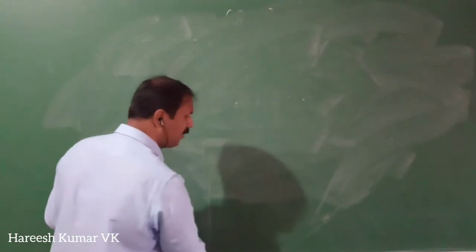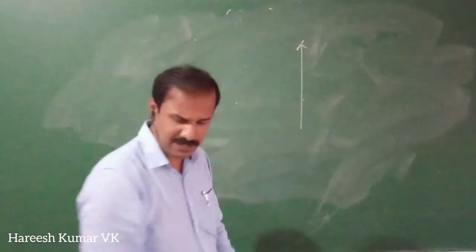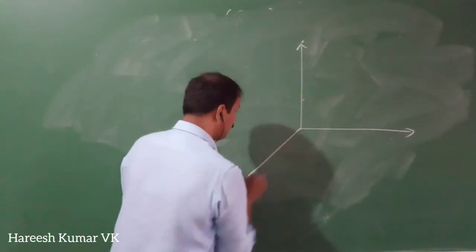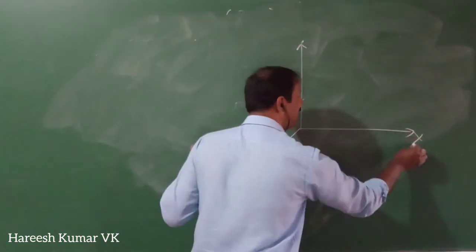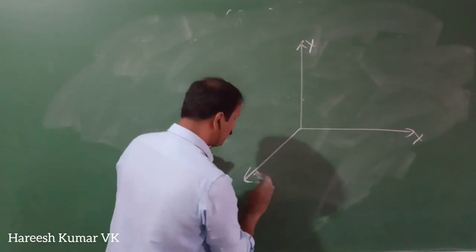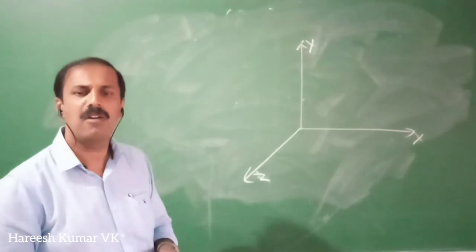Generally, if you take our x, y, z axes, this is x, this is y, and this is z axis. So the unit vectors along x axis, y axis, z axis are fixed.